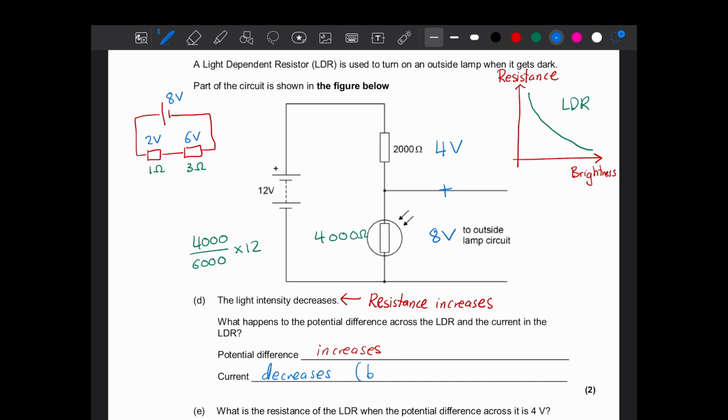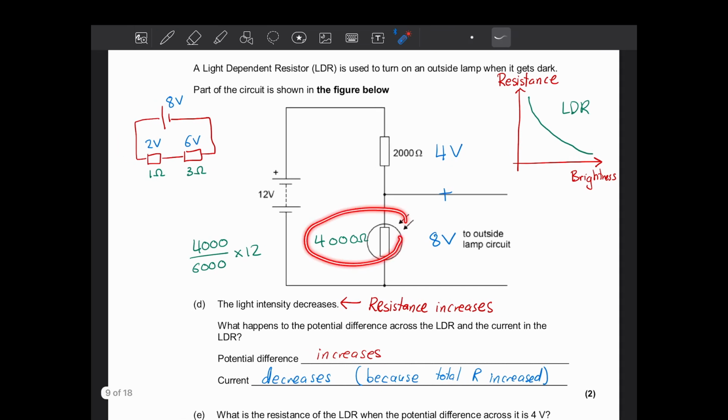Because, and I'll just write an explanation here, not necessary of course, but I write it down, because total resistance increased. As the LDR has more resistance, total resistance across the whole circuit increased, making it harder for current to flow.